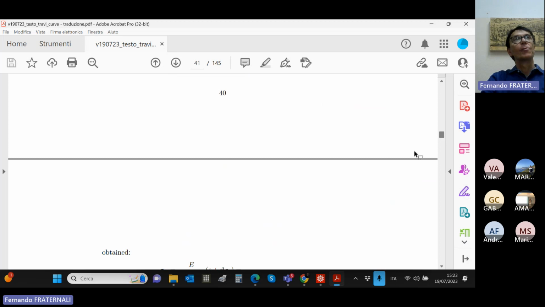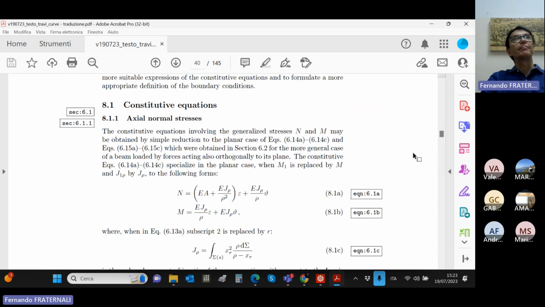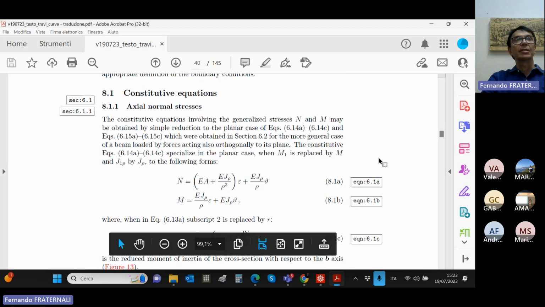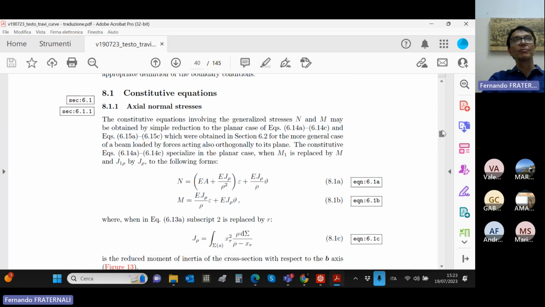We will use also a slightly different notation. As you see, we have dropped the terms with theta 2, and we have named theta 1 as theta.